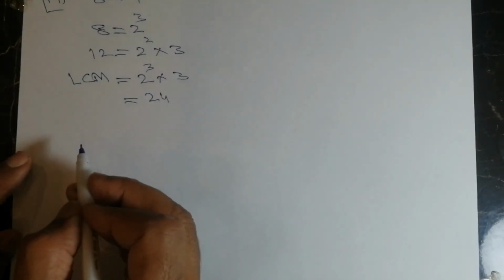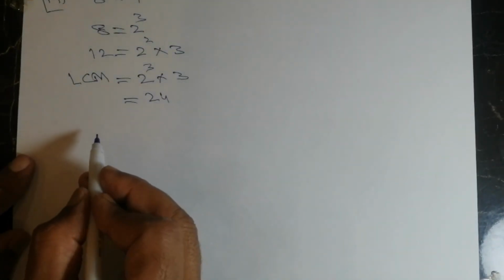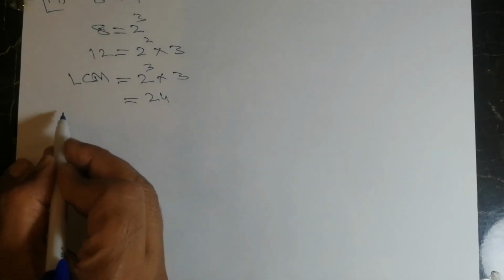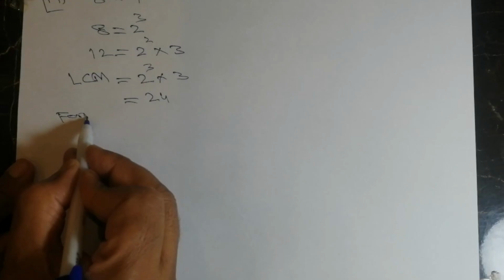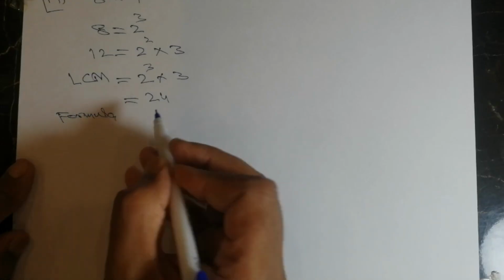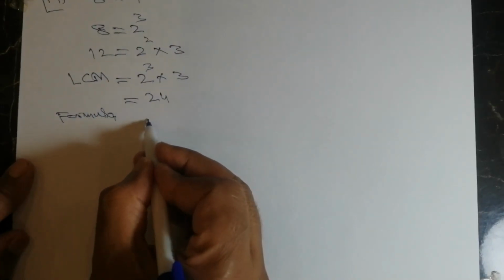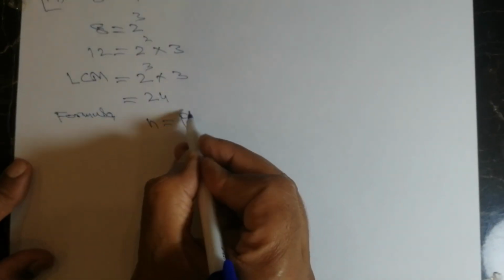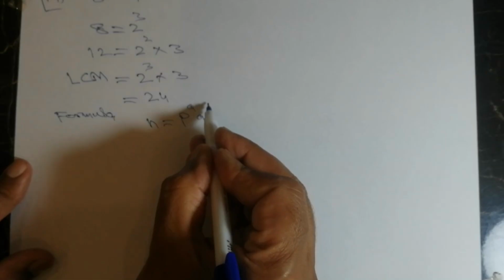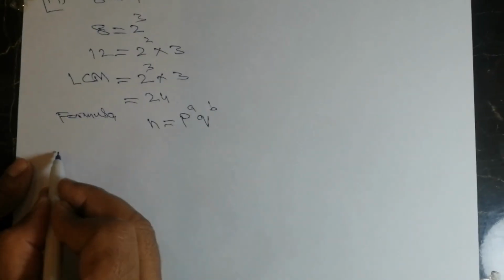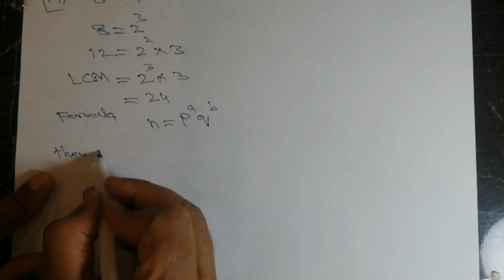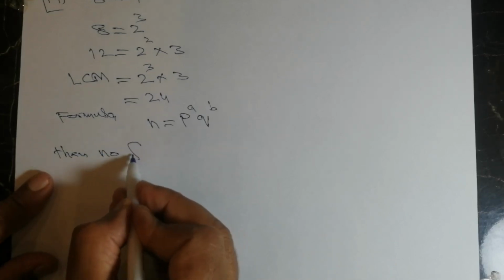Now find the number with exactly 16 factors. For finding the number with 16 factors, we have a formula. If any number, suppose n equal to p raised to power a times q raised to power b, then we can find the number of factors.